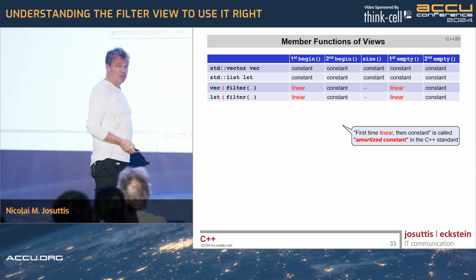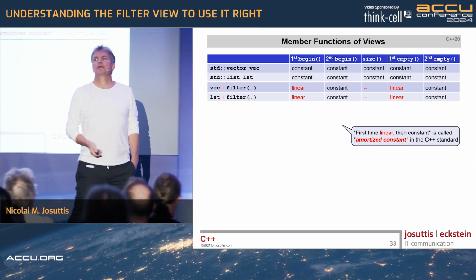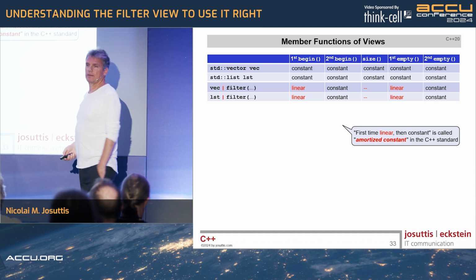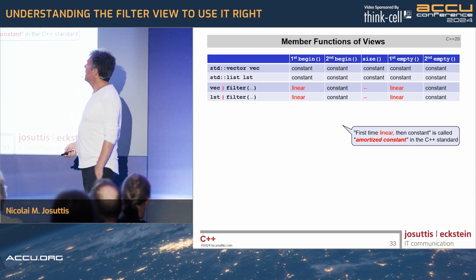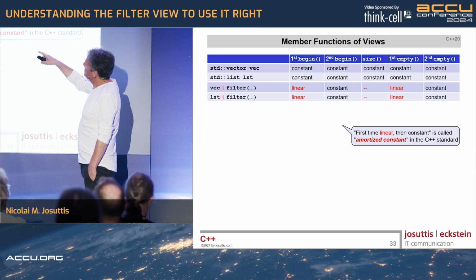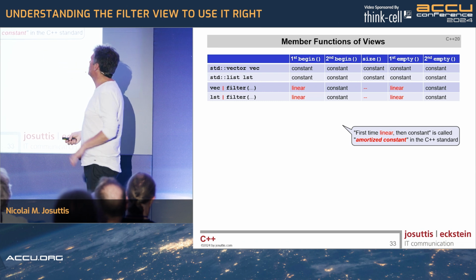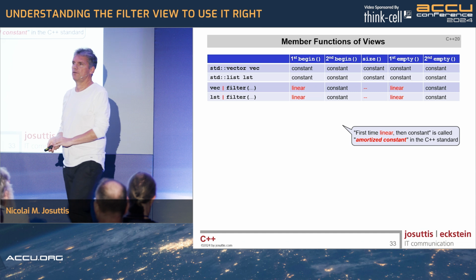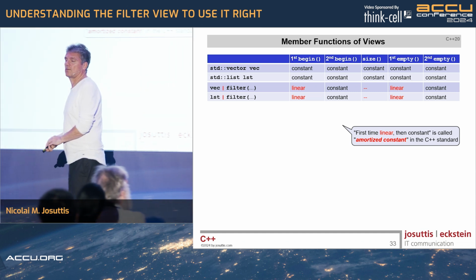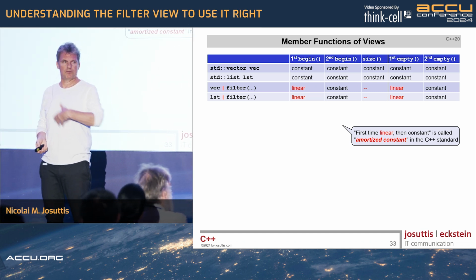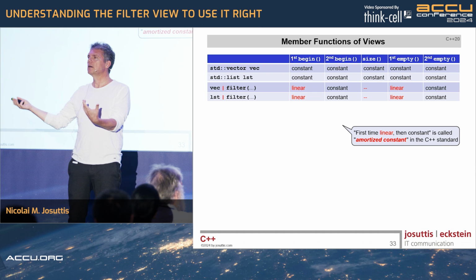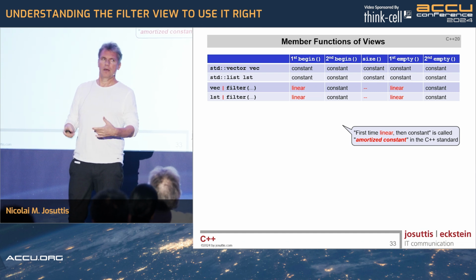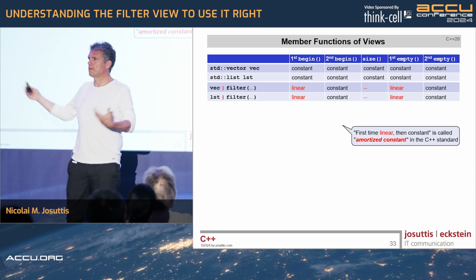Good. We have a term for that in the C++ standard. It's called amortized constant. The call of begin has amortized constant complexity. So you might have heard that term before in vectors when push_back is called, you insert an element. So the first time you insert, you might have to double the memory.